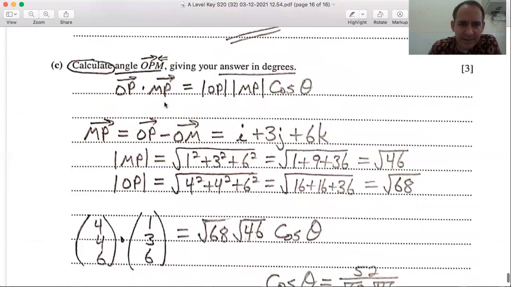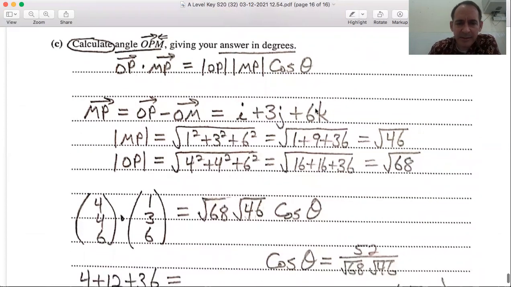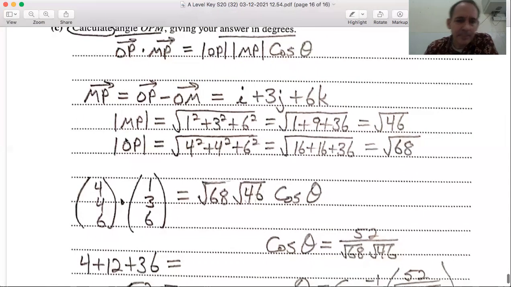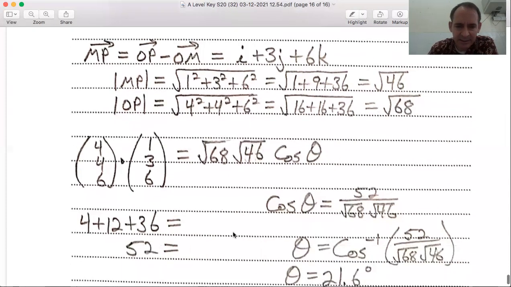We need to find MP. MP is OP minus OM, and when we get that, we get i plus 3j plus 6k. Magnitude of MP is this here, which comes out to root 46. Magnitude of OP, which is this here, comes out to root 68.